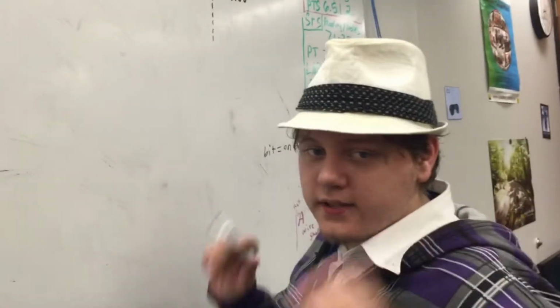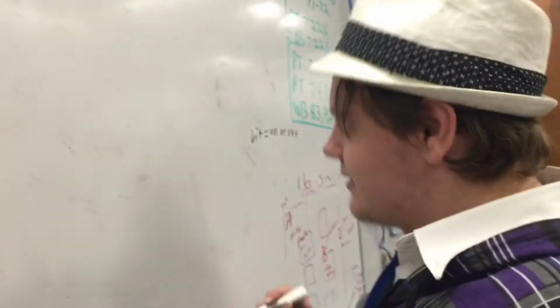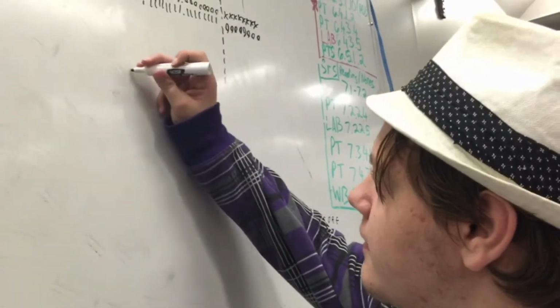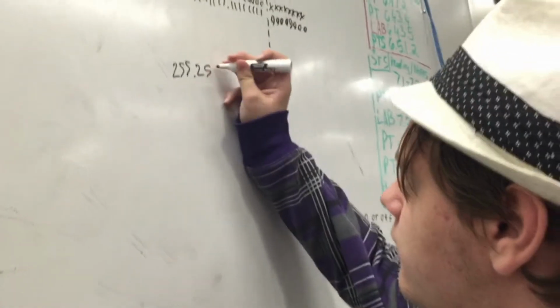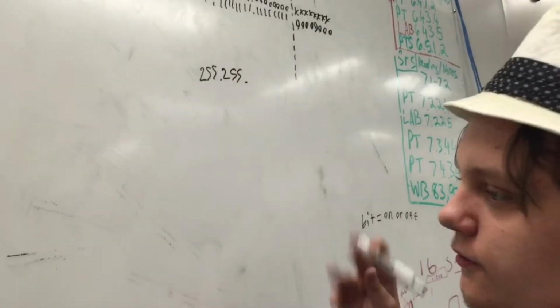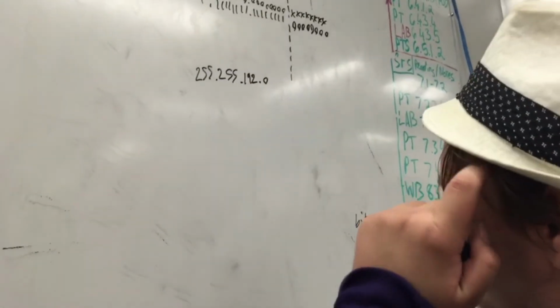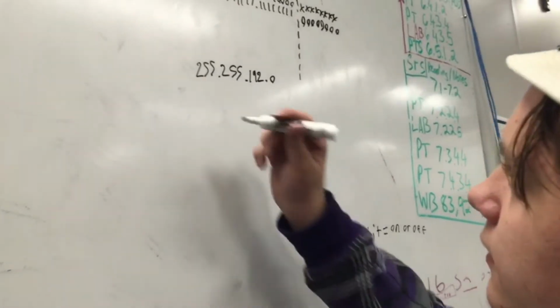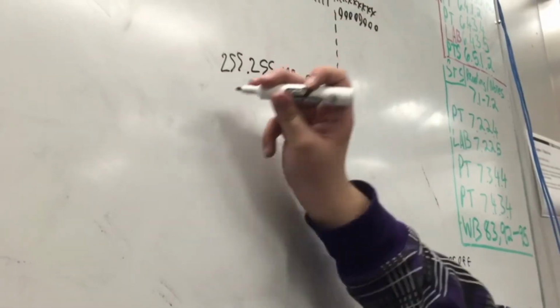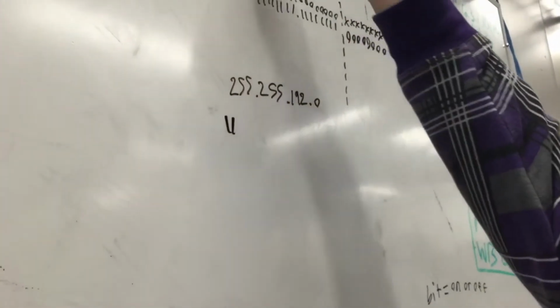Now, let's do an example. Let's say I want a subnet mask of our magic little number 192.0. That means, and let's say I have this thing here.